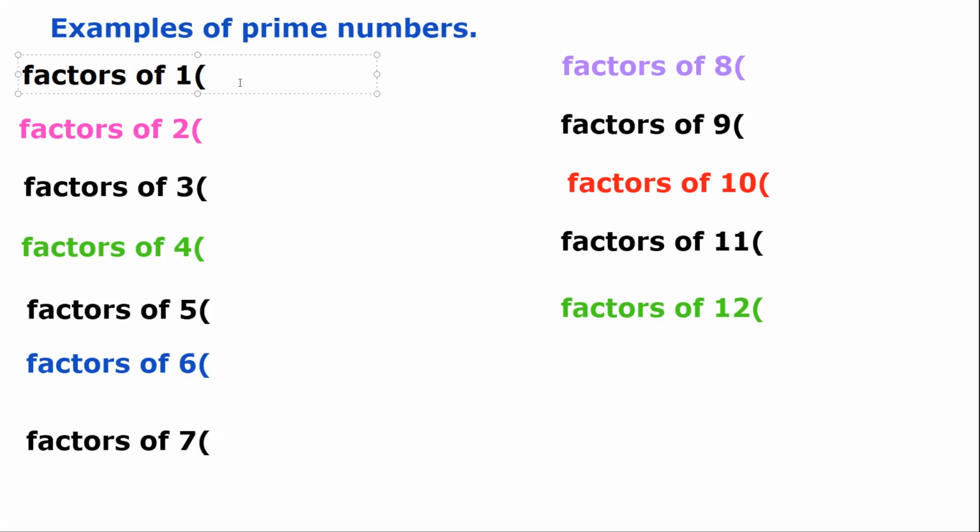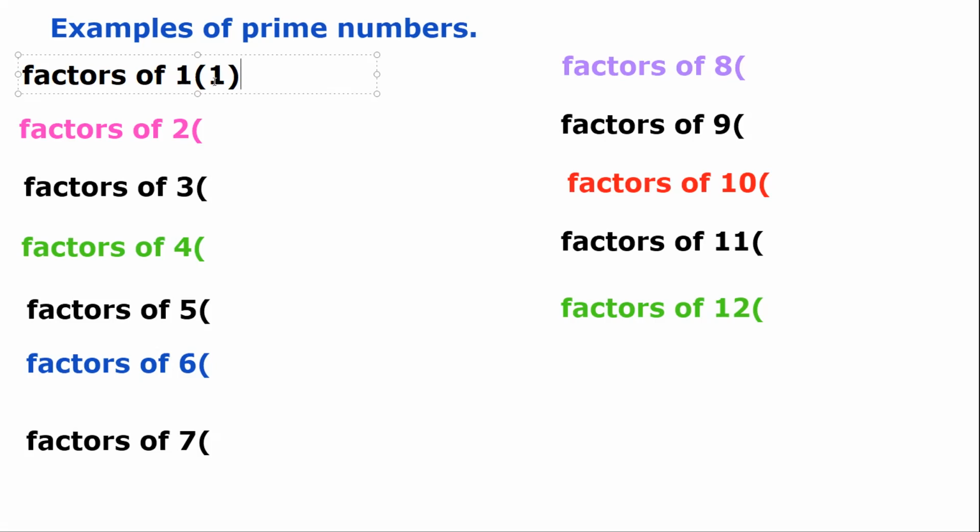So the factors of 1: the numbers that can divide 1 equally is only 1. Or the numbers that, when you multiply, you get 1, is only 1. So 1 times 1 is 1. Since we have only one, that is the factor of 1.